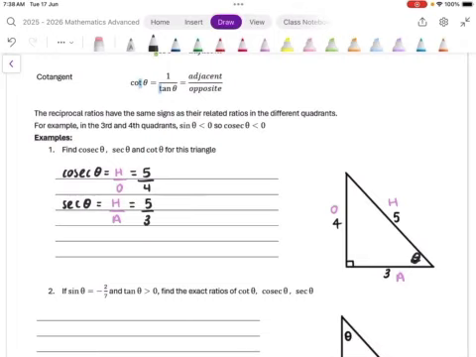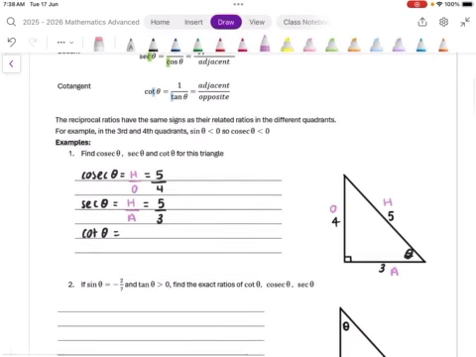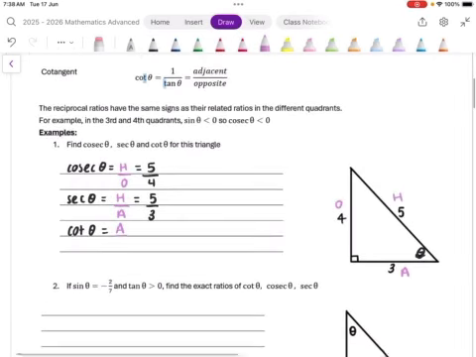And our last one, cot theta, is equal to our adjacent side over our opposite side, so that is equal to 3 over 4.